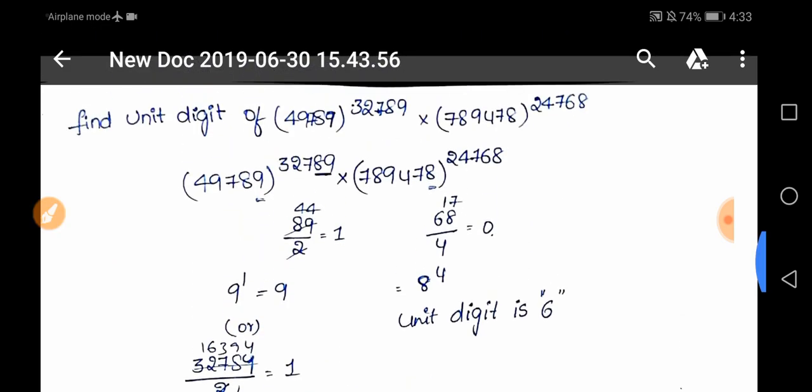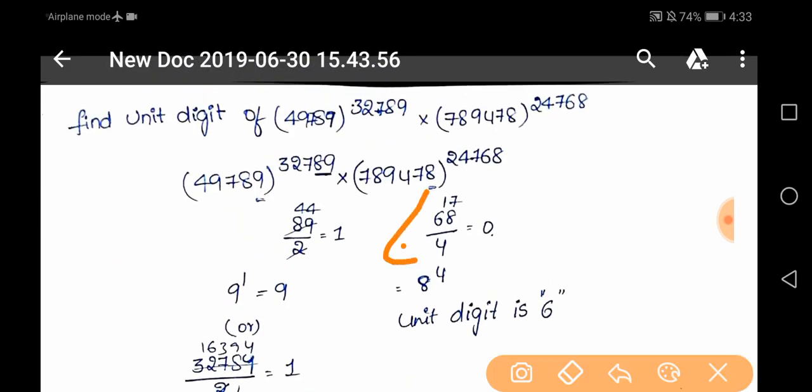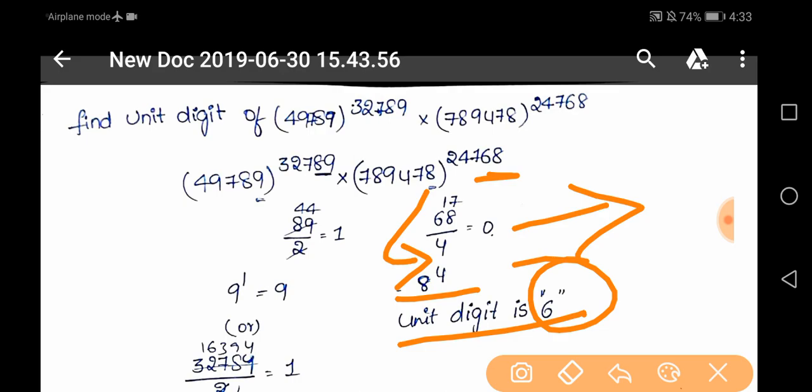And see here, the cyclicity of 8 is 4. Last two digits, here we got a 0. So when we get a 0, I told you that the cyclicity of the number, we will take it as a power. So 8 power 4, and the unit digit will be 6. 8 power 4, that is 64 into 64.